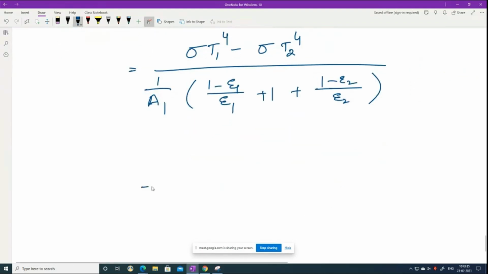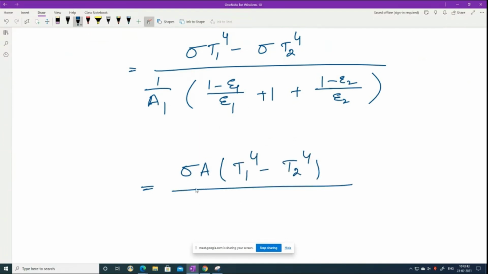So I'm taking the area into the numerator: sigma into A1 into T1 to the power 4 minus T2 to the power 4, by, in the denominator, I can write 1 by epsilon 1 minus 1 plus 1 plus 1 by epsilon 2 minus 1.